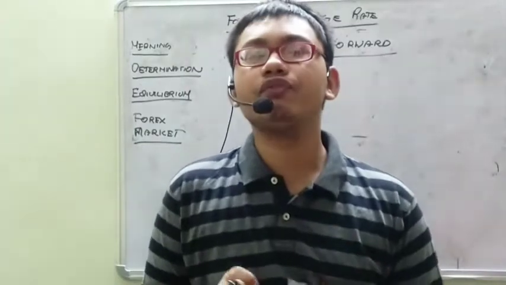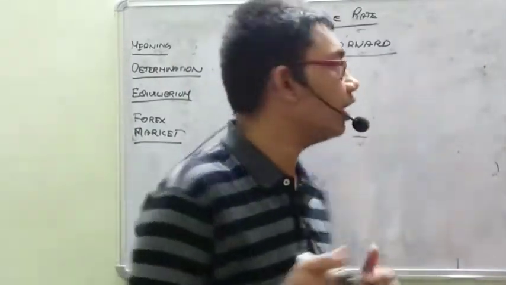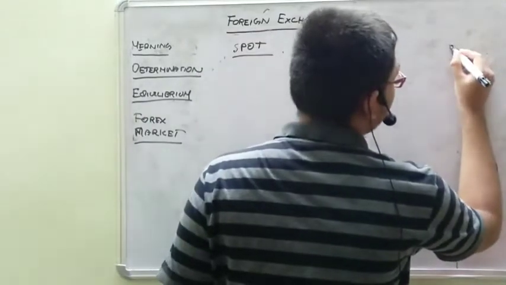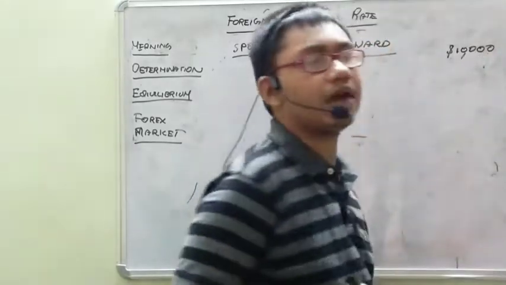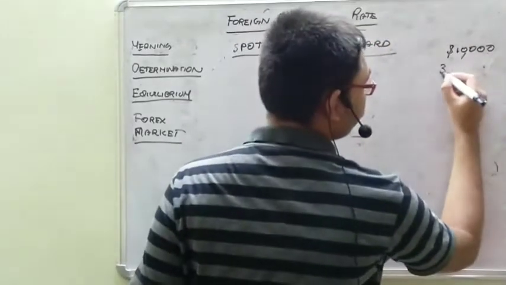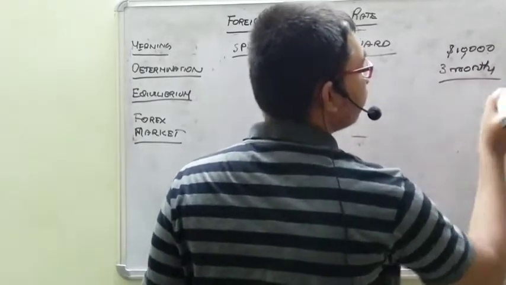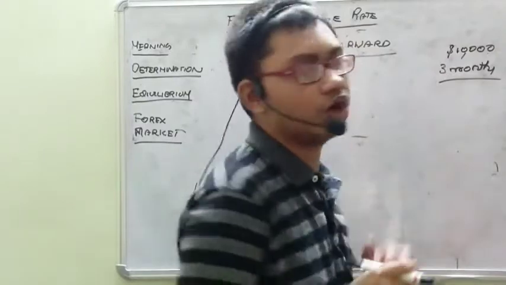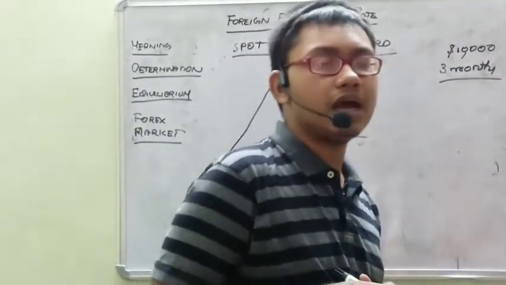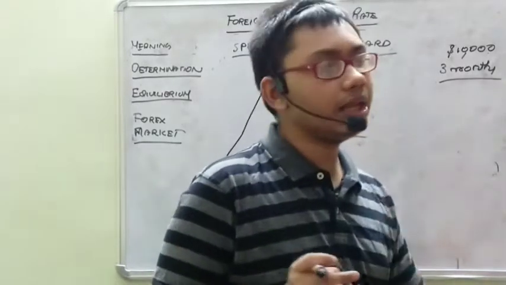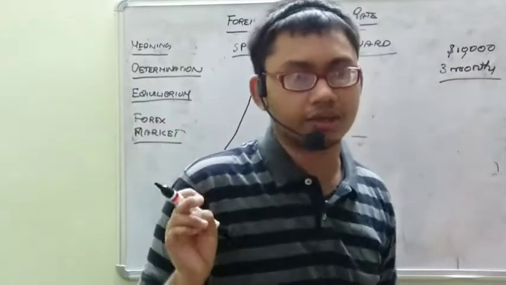But if you are buying goods today for $10,000 and you say I will pay after 3 months, this is done in the forwards market. At that time, if you are buying the foreign exchange and paying, it will be the spot market.